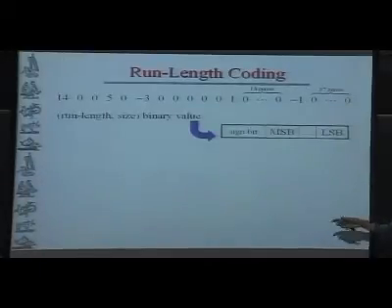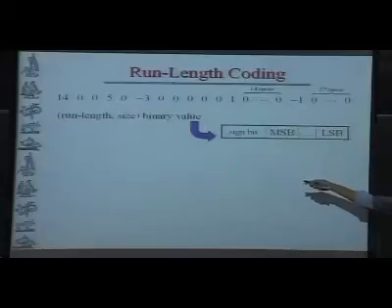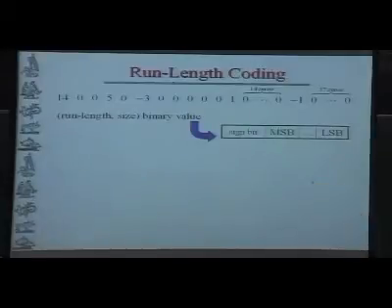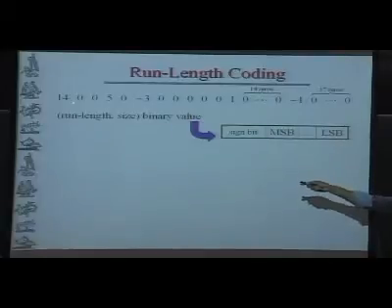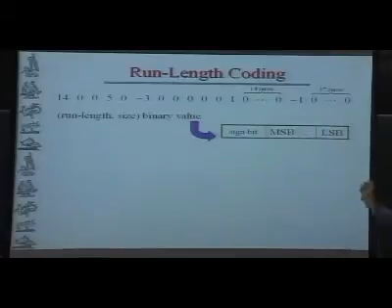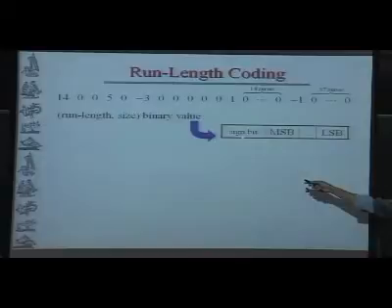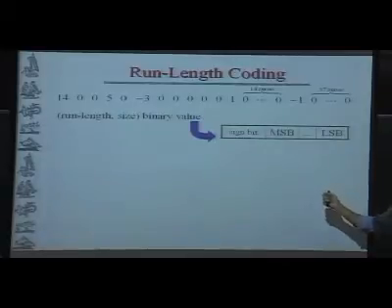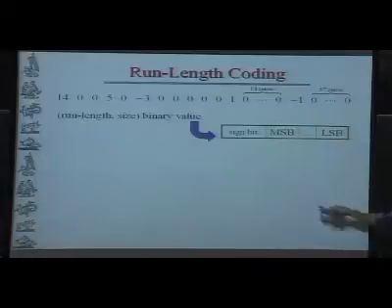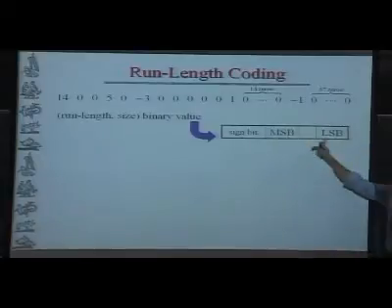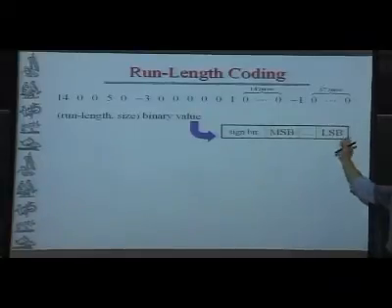Now let's talk about the binary values that follow the run length and the size. The binary values that describe 14, 5, -3, 1, and so on have this form. You need a sign bit, because the coefficient can be negative. Then you need the most significant bit all the way to the least significant bit.